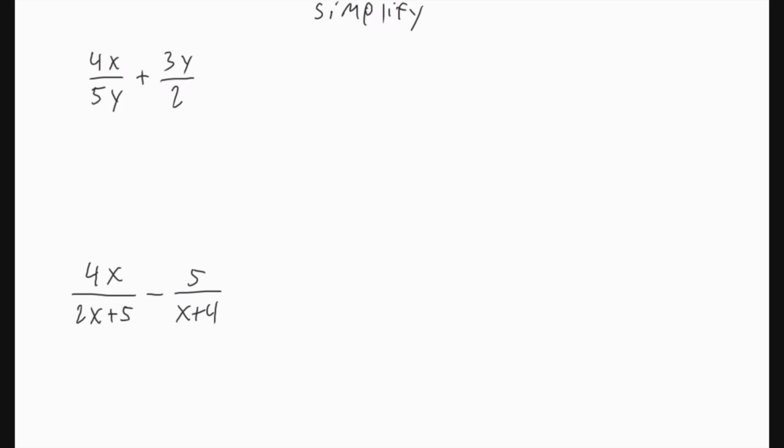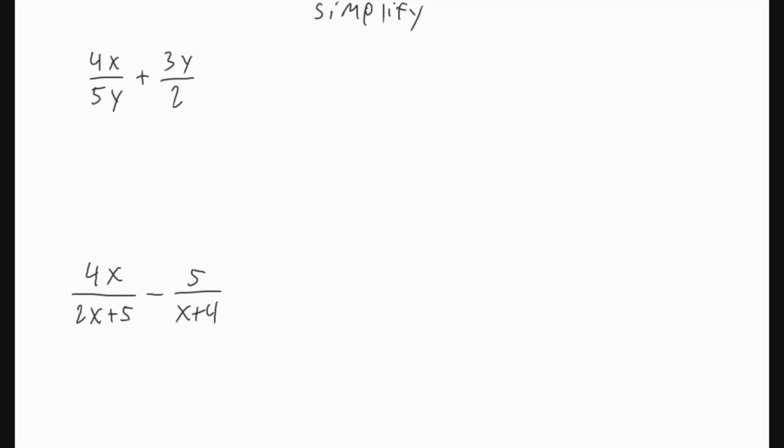So on this first one, we need to make 5y and 2 the same. So we need to multiply 5y by something and 2 by something else to get them to equal the same thing. Well, in this case, if we multiply 5y by 2, we'll get 10y.